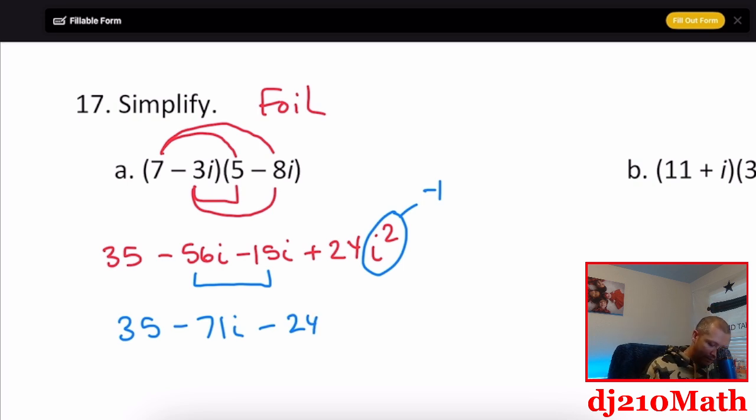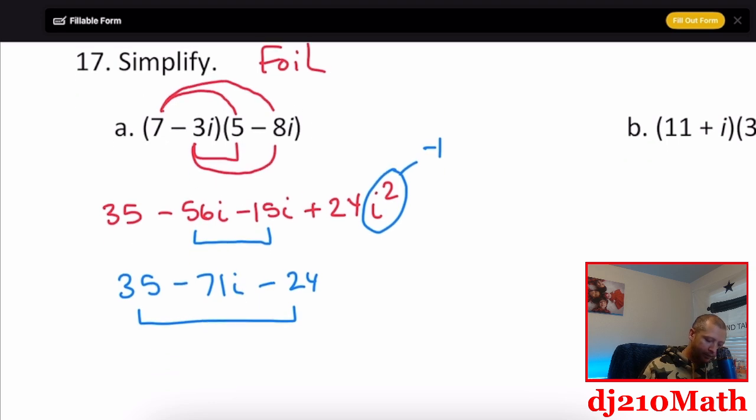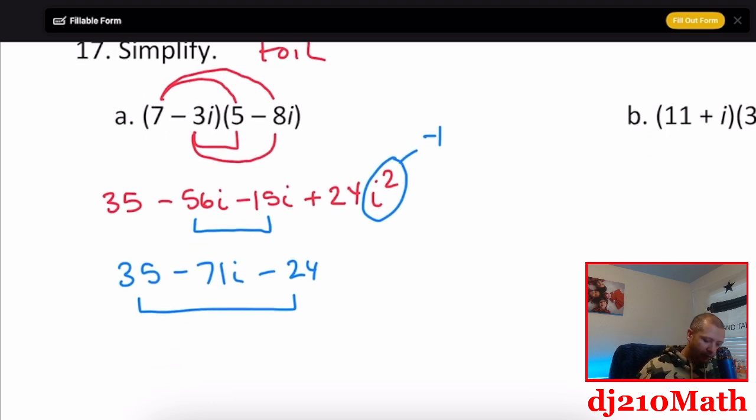We can combine 35 and 24, so this is going to be 35 minus 24, which is 11. So 11 minus 71i.